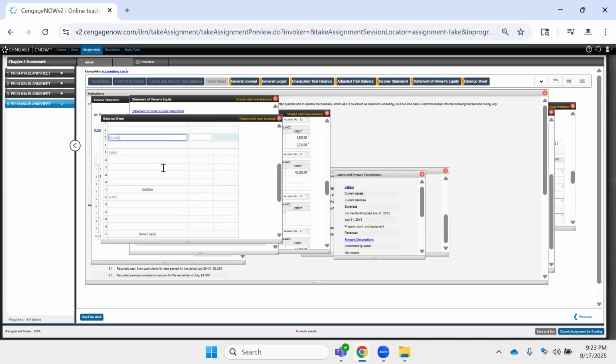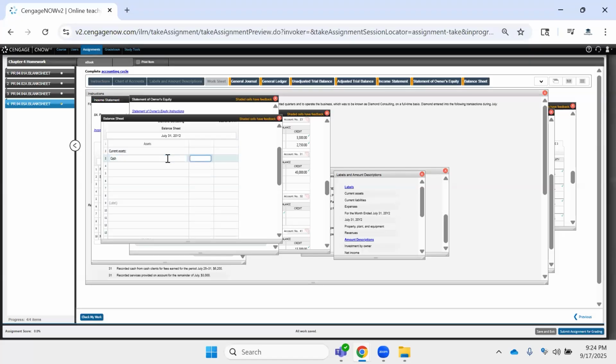And then, as you can see, we're going to have to make a classified balance sheet because we have some places for us to do subtotals here. So we start off in the order of liquidity, and the most liquid assets are current assets, starting with cash, because what's liquidity? It's how do you convert it to cash? And nothing's more convertible to cash than cash itself.